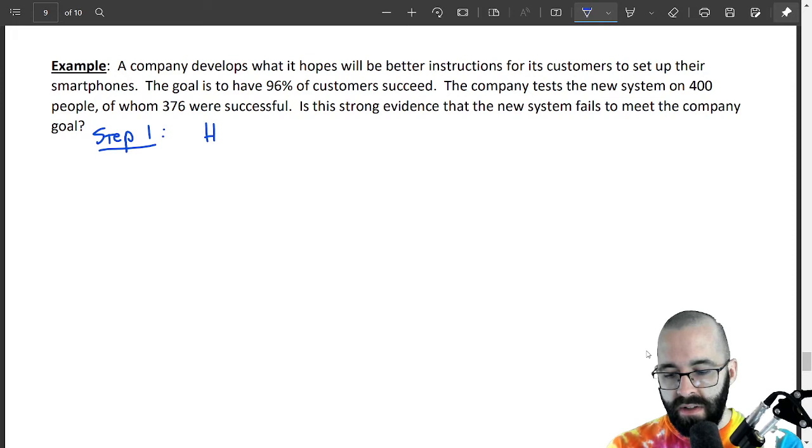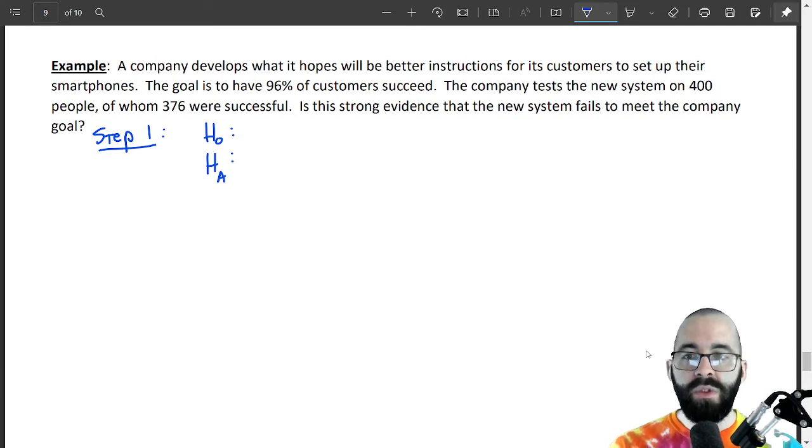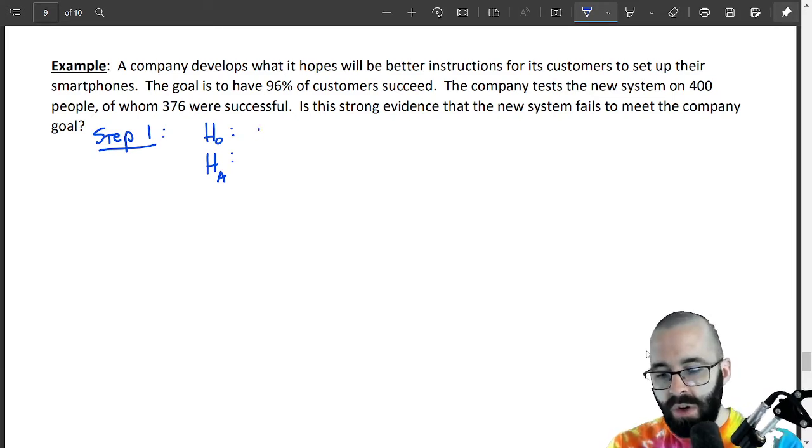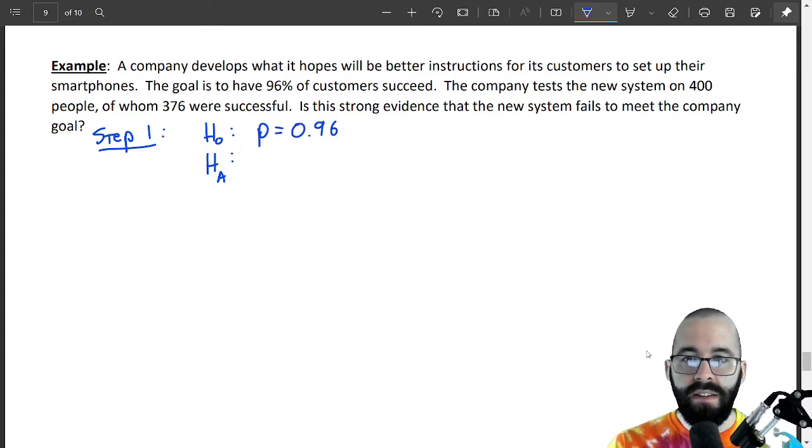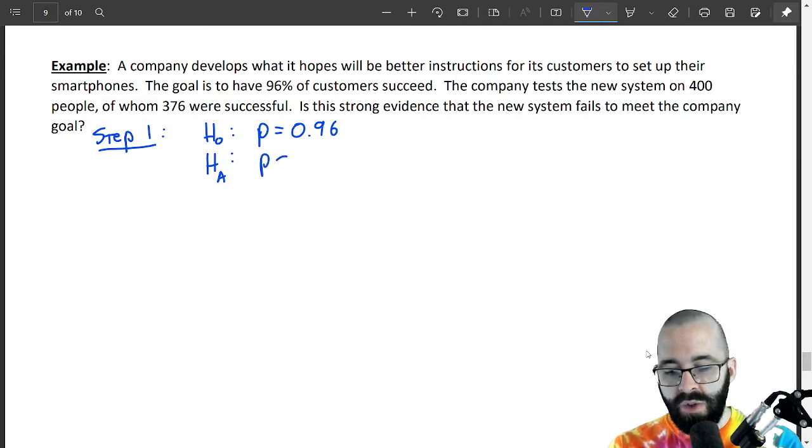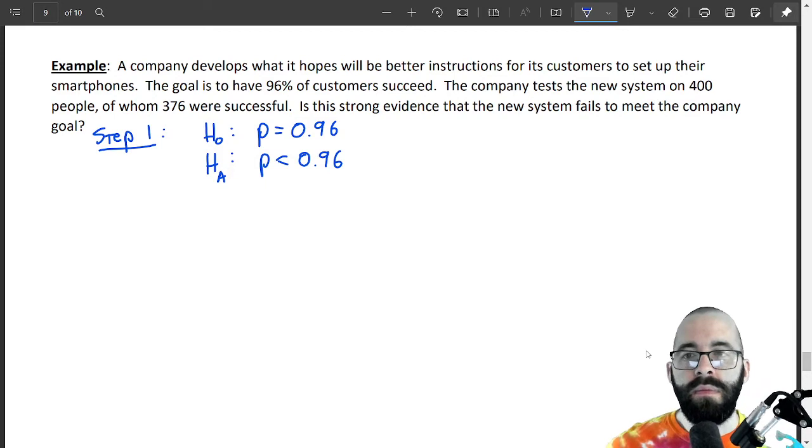Well, the status quo assumption is our null hypothesis. What we're trying to test is the alternative hypothesis. The goal is to have 96% success. Looking at that last sentence, we're testing to see if we're falling short. This is what we're trying to test.